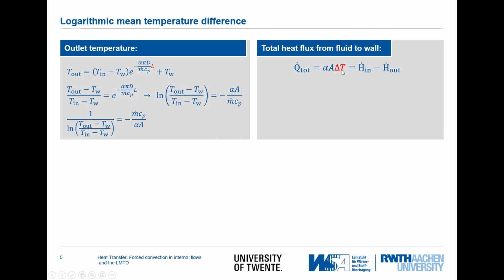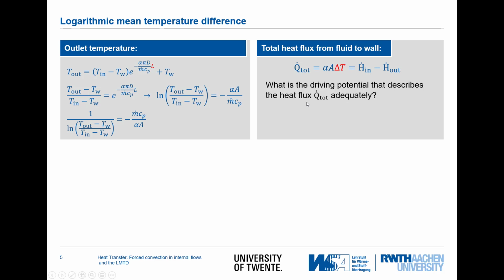This describes the driving potential necessary to drive the total heat flux over the surface. This total heat flux is nothing else than the difference between the ingoing and outgoing enthalpy flow. As it's written here, the total heat flux from the fluid to the wall, the heat that is transferred from the fluid to the wall, will be H in minus H out.